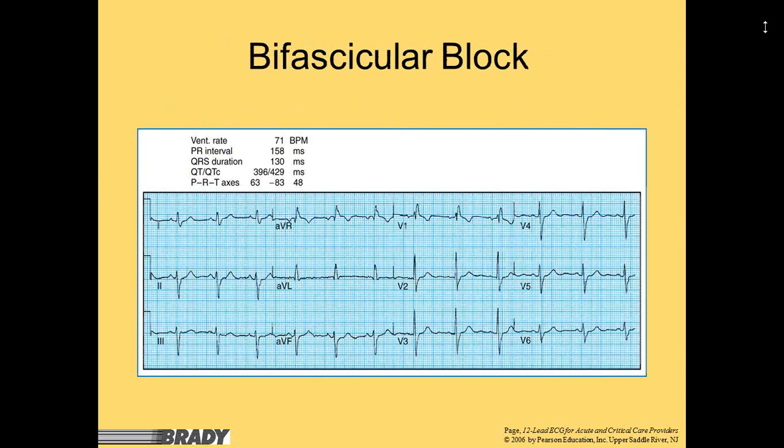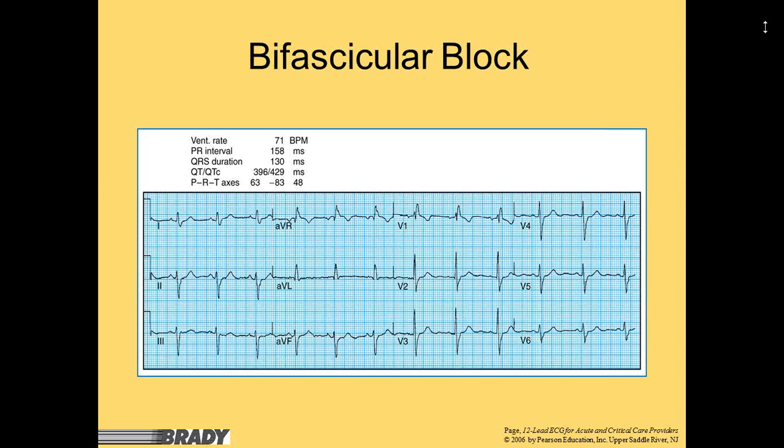Okay, so this is what a bifascicular block would look like on a 12-lead ECG. There's a couple things here that I think you're going to recognize. Knowing what you know from the past two chapters, I think you could recognize a block by looking at leads 1, 2, and 3. And remember again, leads 1, 2, and 3 is looking at axis deviation, and from that we can determine some blocks.